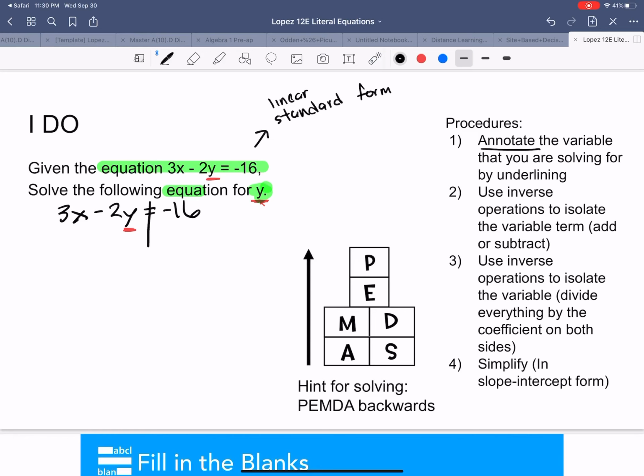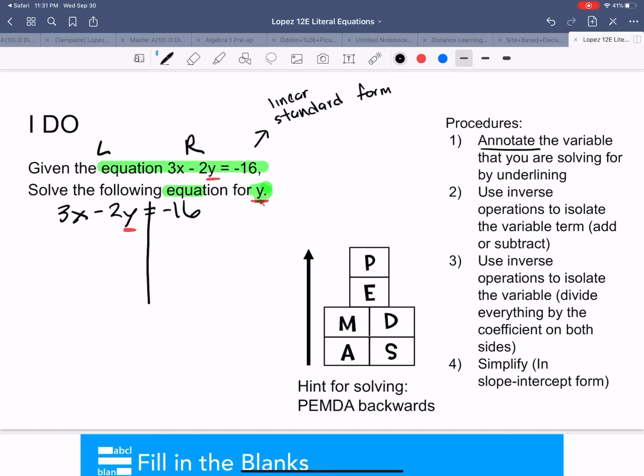I'm going to separate my left and right expression. So you've got your left, you've got your right side. Now, for the second step, use inverse operations to isolate the variable term. If I know I'm solving for y, that means I need to move all the other terms outside of the y to the opposite side.